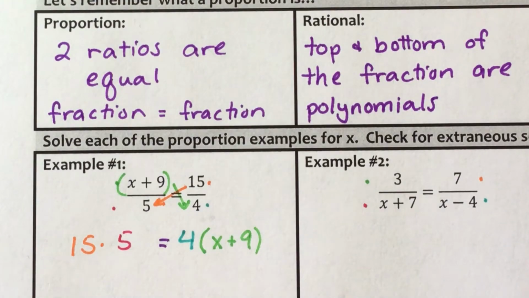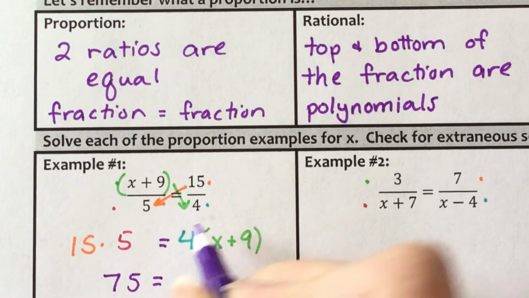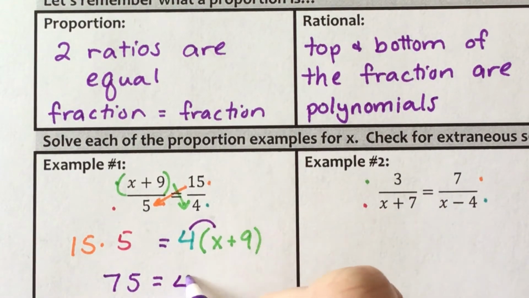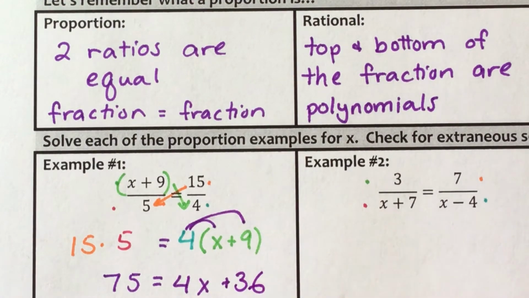Okay, and then I'll switch to purple for everything from here on out. All right, so 15 times 5 is 75 equals, and let's distribute this out. 4 times x is 4x, 4 times 9 is 36. And now we just have a two-step equation. So we all know that we are supposed to subtract 36 from both sides.